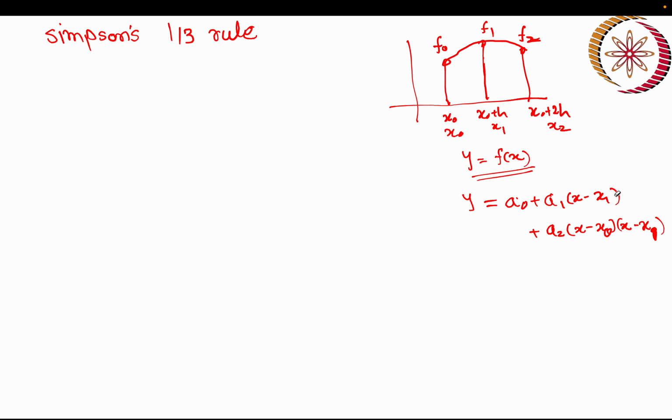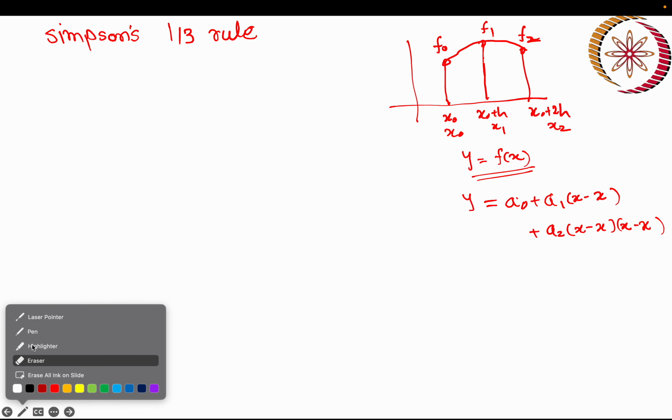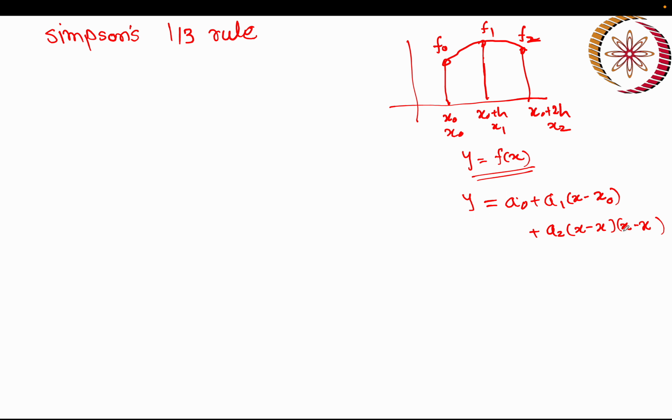This is the second order polynomial, or second degree polynomial, and it has 3 constants, which we can find by using f0, f1 and f2, given at 3 locations.